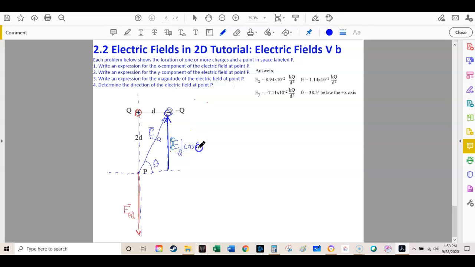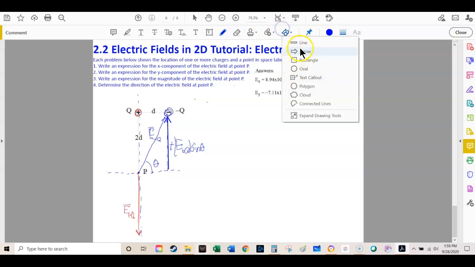Actually, let me rewrite that and give myself a little bit of space. So this is going to be pointed up, and it's E positive Q sine of theta, rather than cosine, since this side is opposite theta.